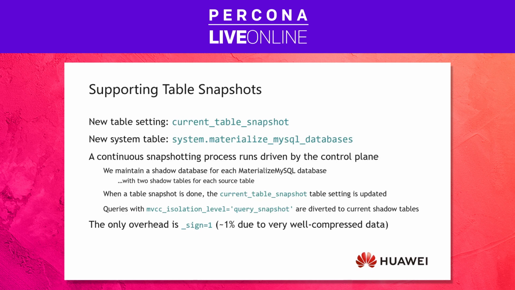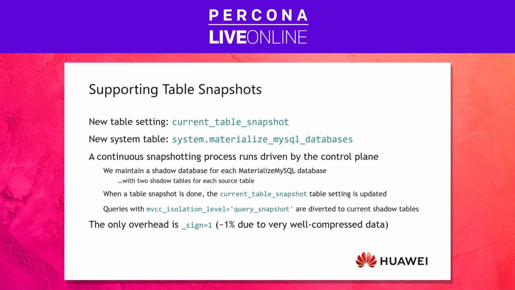Sort of like when you swap between frame buffers to provide smooth graphics. We have a new system table with the metadata exposed. And then we have an external process in the control plane that maintains the shadow database for each MaterializeMySQL database. And then we have 2 shadow tables for each of the source tables.